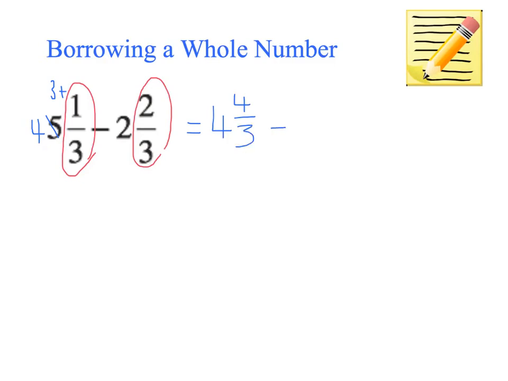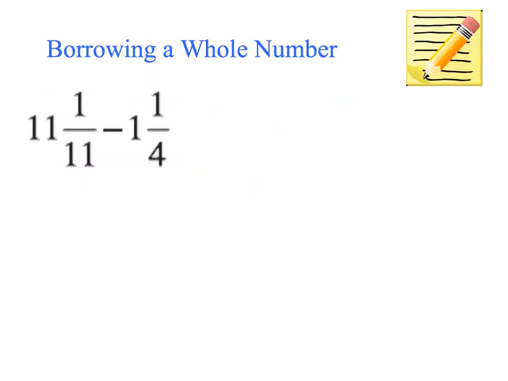Now we can take 2 and 2/3 away from it. Alright, so now we do the sum like we did the previous time with the whole numbers. So 4 take away 2 is 2. And then 4 take away 2 again is 2. So 2 2/3 is the answer. I hope you're writing these down when you see the symbol at the top right hand corner.